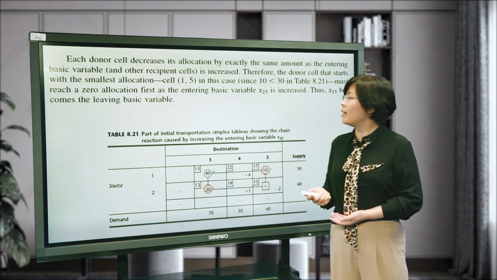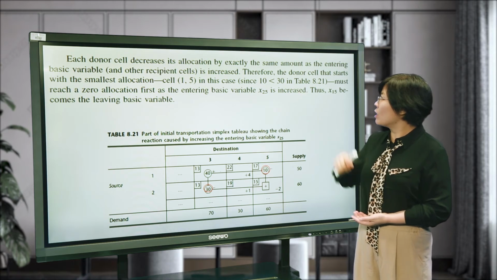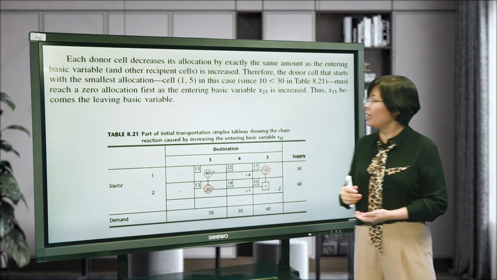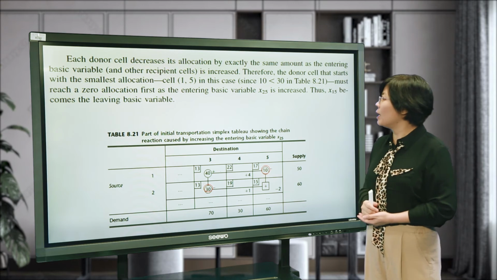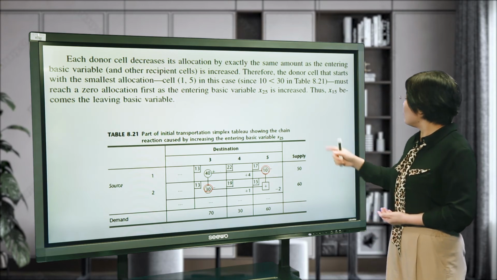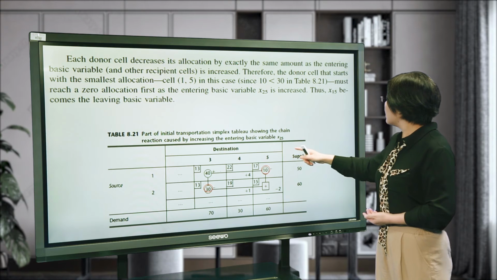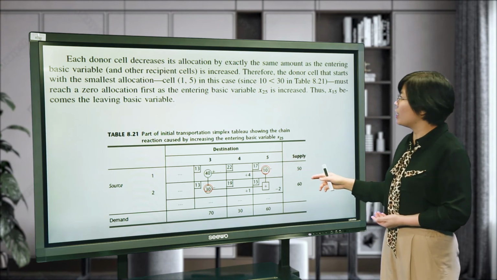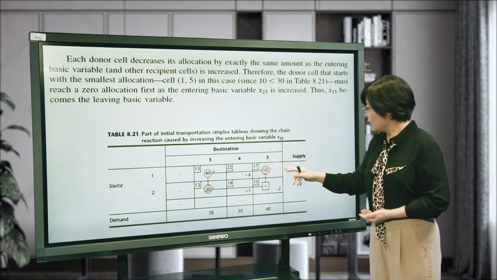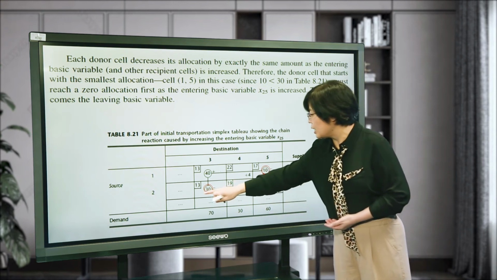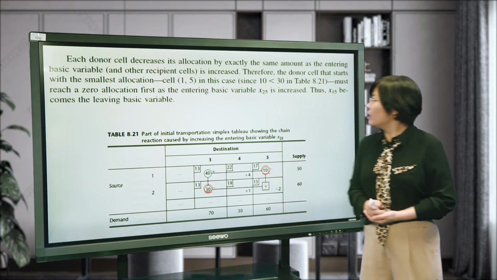Each donor cell decreases its allocation by exactly the same amount as the entering basic variable, and the other receptor cell is increased. Therefore, the donor cell that starts with the smallest allocation, here 10 and here 13, is the one we use.